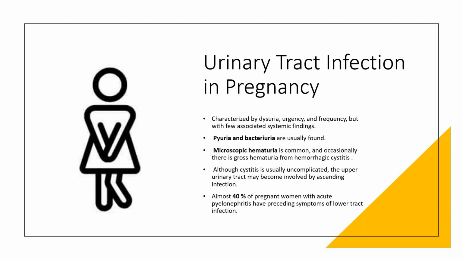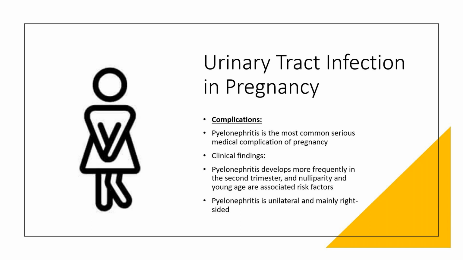The complication, as we mentioned, is the possible pyelonephritis, which is the most common serious medical complication of pregnancy. It develops more frequently in the second trimester and among nulliparous women at a younger age. And it's usually, as we said, unilateral and mainly right-sided.